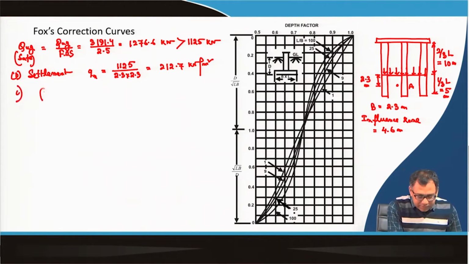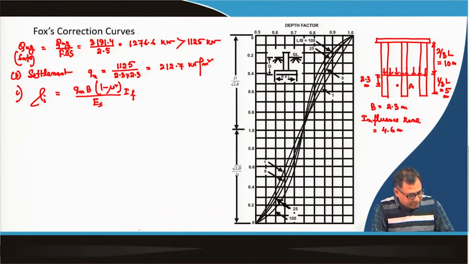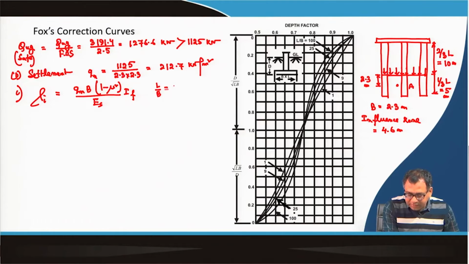So, we will calculate the immediate settlement, which is Qn B (1 minus mu square) divided by Es, times If. So, for the square foundation L by B equal to 1, the If for the flexible footing at the center is 1.12.